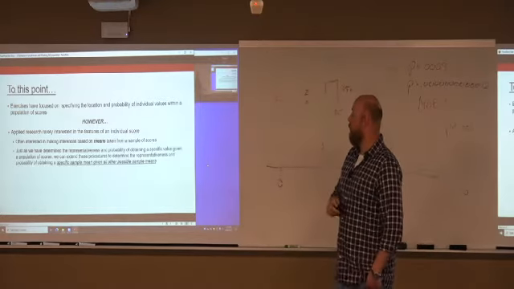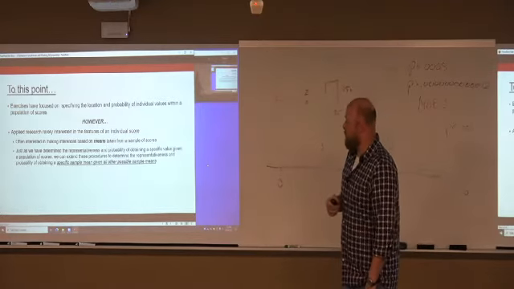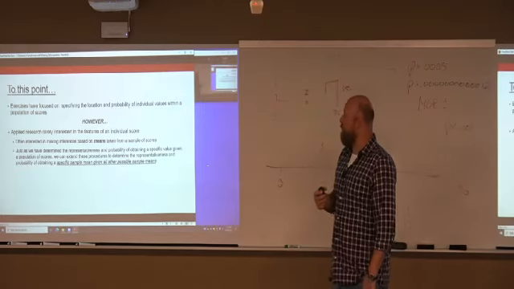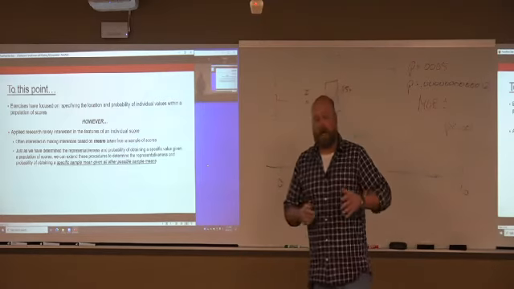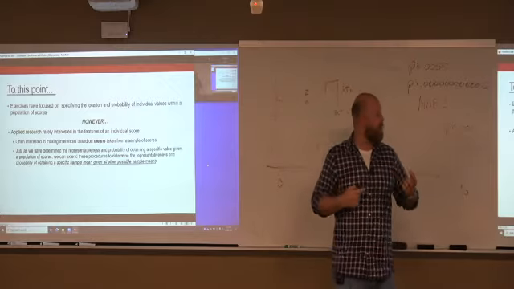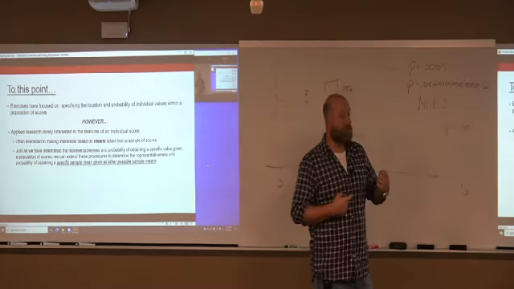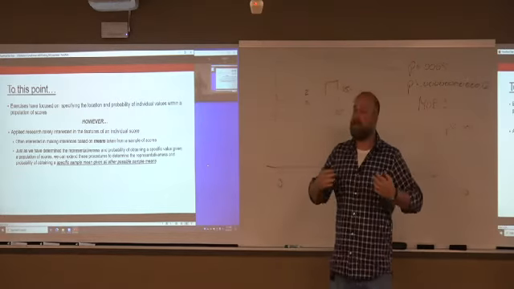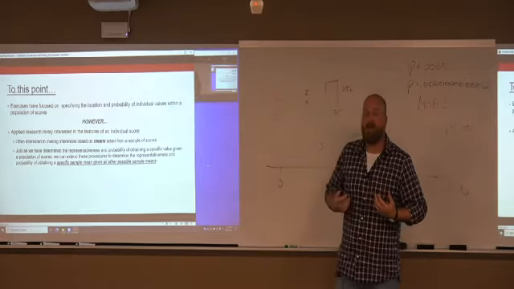Okay. So like we've been looking at, assuming a distribution and looking at the probability of obtaining a specific value from a distribution, we can take these same principles and extend them out.